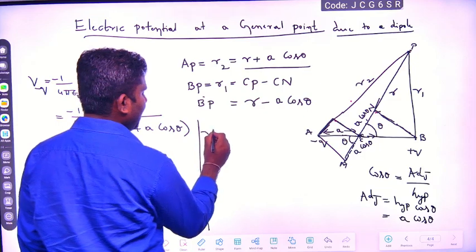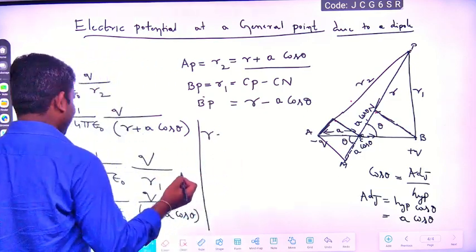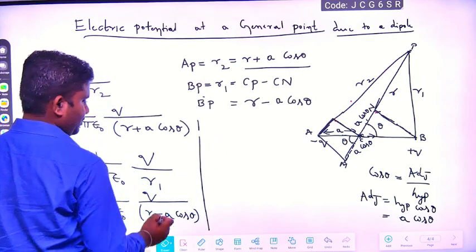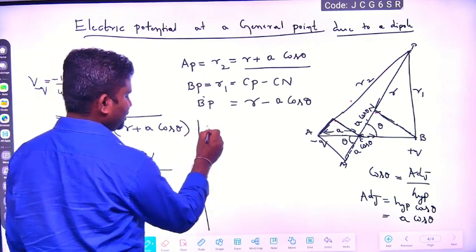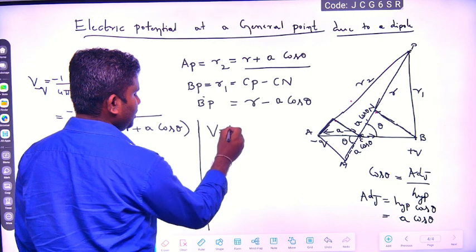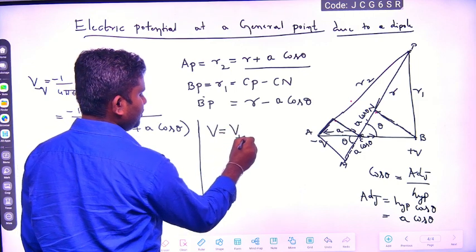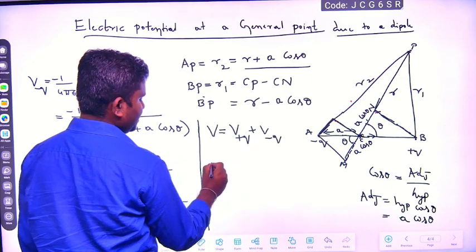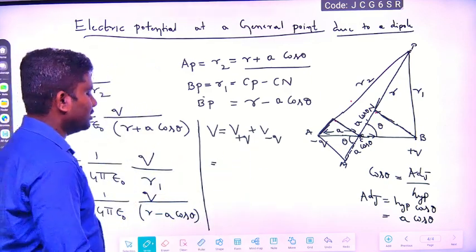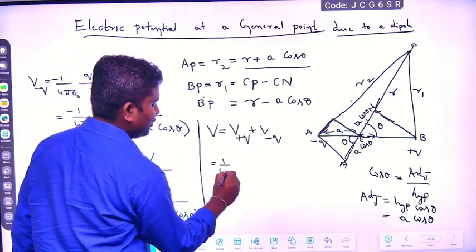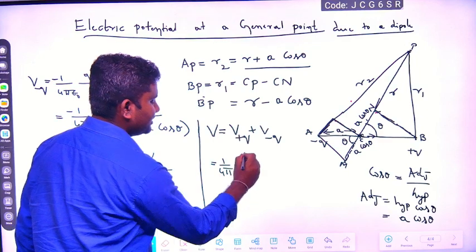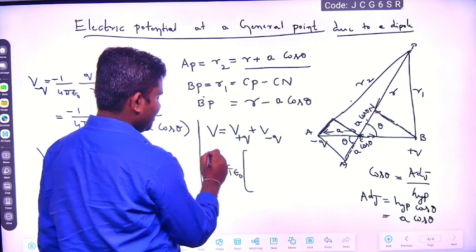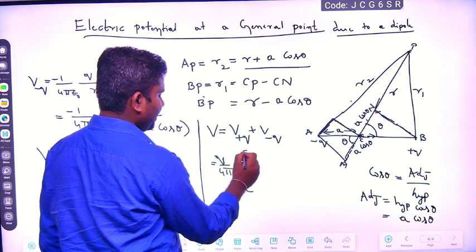So total potential I am telling. Total potential V is equals to V plus Q plus V minus Q, or V minus Q plus V plus Q, which is, please combine. 1 by 4 pi epsilon naught you take common, both sides it is there, Q also can take common, Q is also same, correct, no?